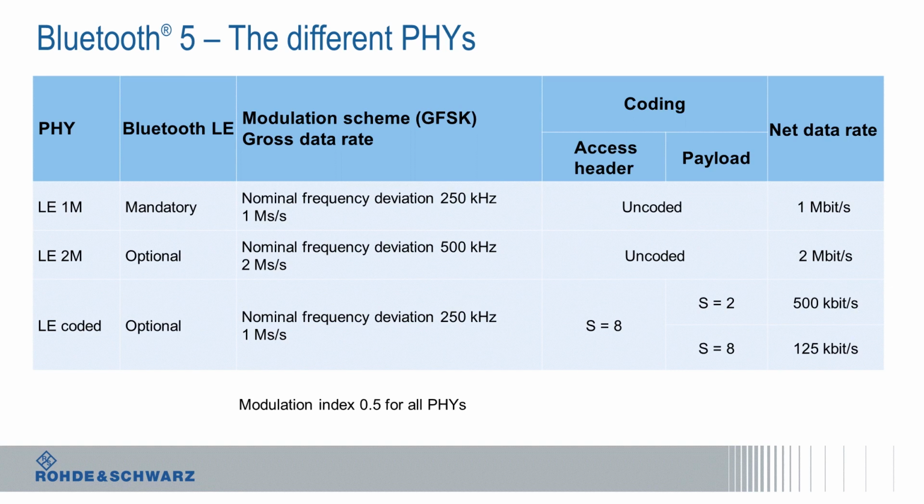We also have the optional long range, or LE coded as it's known, with S equal to 2 or S equal to 8 repetitions, which reduces the data rate down to 500 kilobits per second and 125 kilobits per second respectively, which can give you up to a 4 times improvement in range.